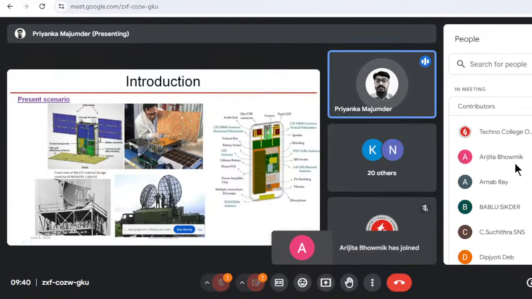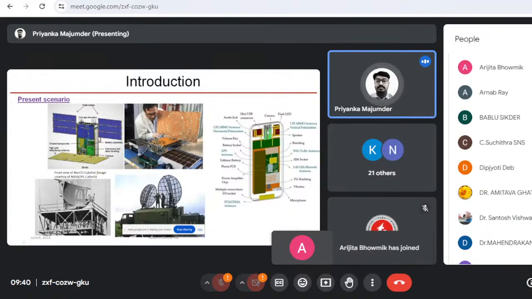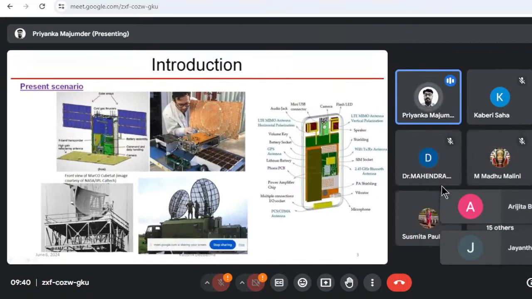Next to it, you can see a few soldiers standing next to a dish antenna. These antennas are important for the defense sector, where they communicate with either a satellite or among themselves.